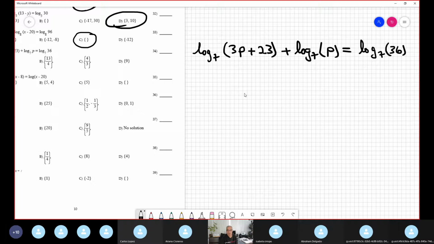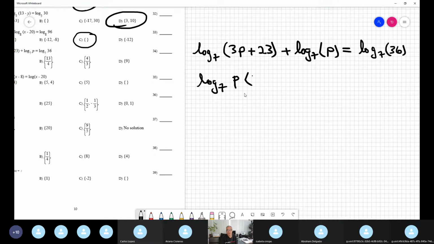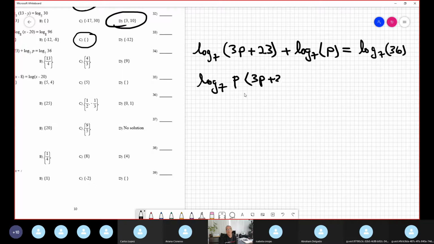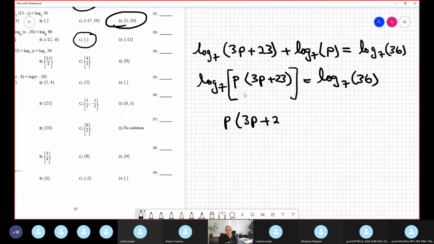Again, condensing into only one: p times 3p plus 23 inside the argument of the logarithm function equals logarithm base 7 of 36. One more time, p times 3p plus 23 is equal to 36.